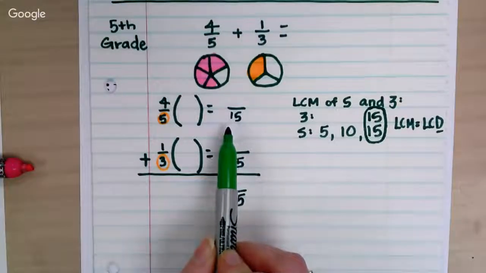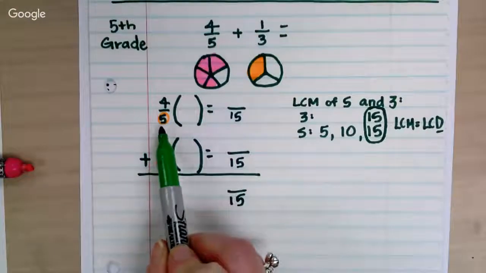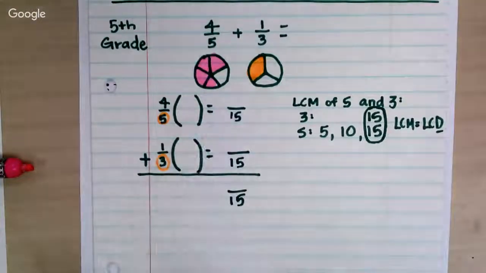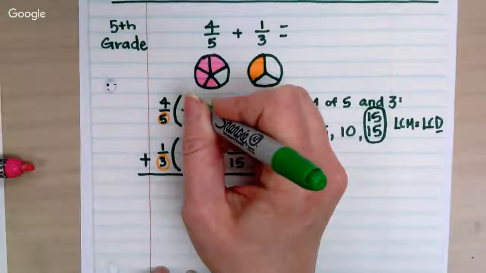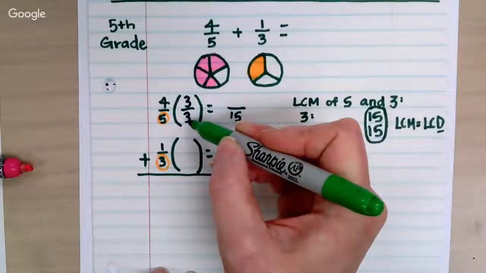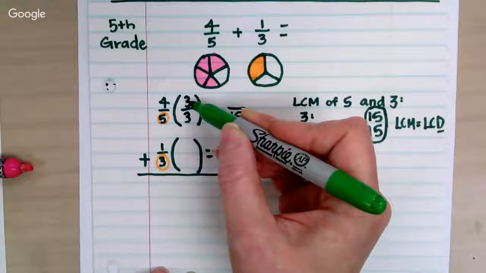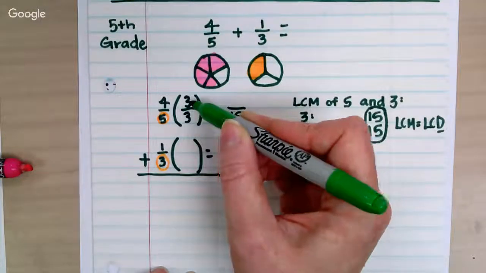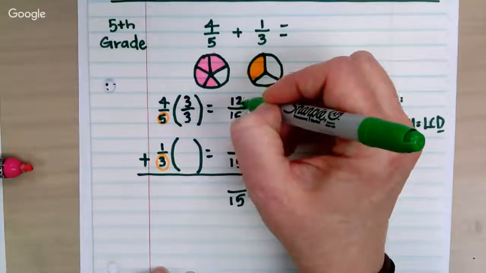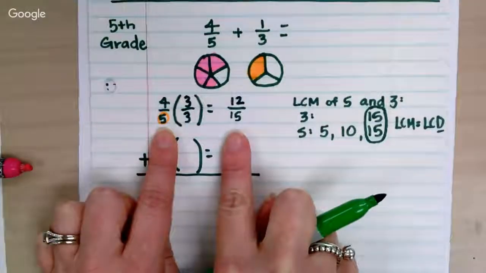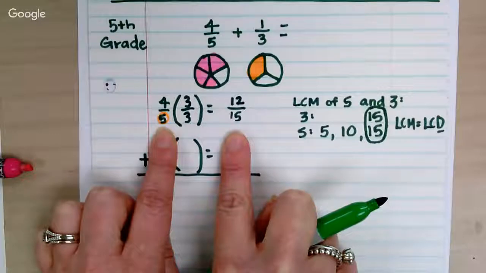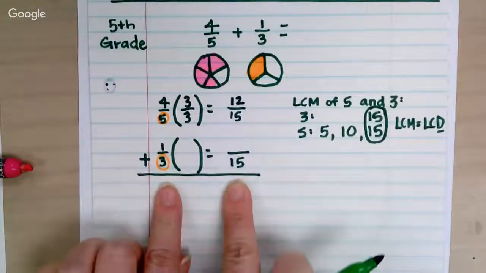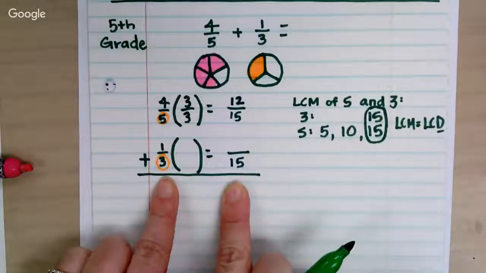So I'm going to think about the missing factor here. 5 times what would give me 15? I know that 5 times 3 would give me 15. And whatever I do to the bottom, I'm also going to do to the top. So 4 times 3 gives me 12. I have created equivalent fractions. 4/5 equals 12/15.